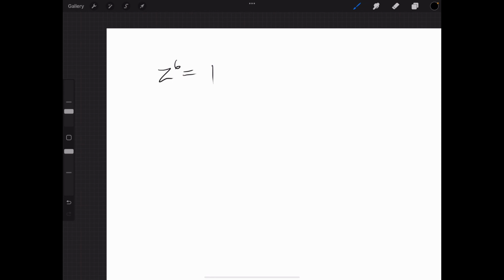So r cis theta raised to the 6th power is equal to 1 cis, I'm just going to put it as theta 1 and theta 2 because I don't want to have to say substitute it for 0, 2 pi, whatever, every single time, right? It's easier this way. So r to the sixth cis of 6 theta 1 is equal to 1 cis theta 2.